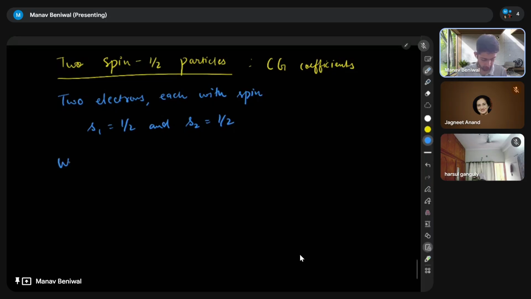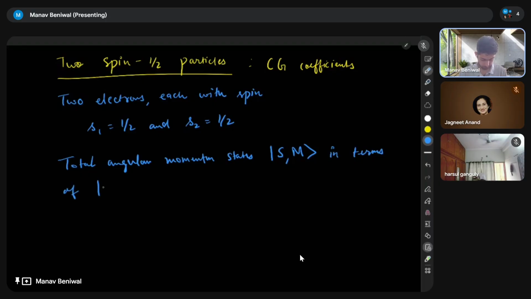What we do is find the total angular momentum states, and we write them as capital S comma capital M in terms of S1 M1 and S2 M2.